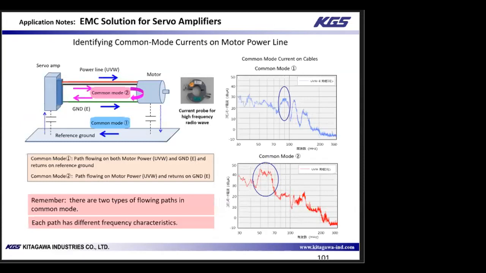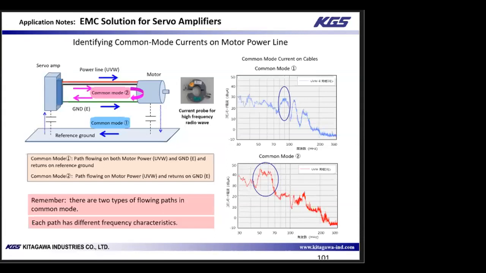First, we identified two types of common mode current flowing on the motor power line. For the common mode current measurement, a high quality, high frequency current probe was used, as shown in the photograph here in the middle. The motor power line consists of a three-phase line, the UVW 3-wire, and a ground line, E. In this example, there are two common mode currents flowing on the motor power line.